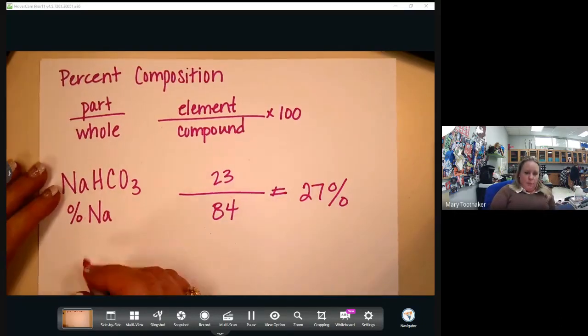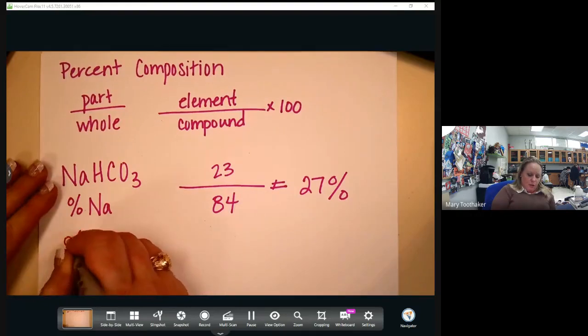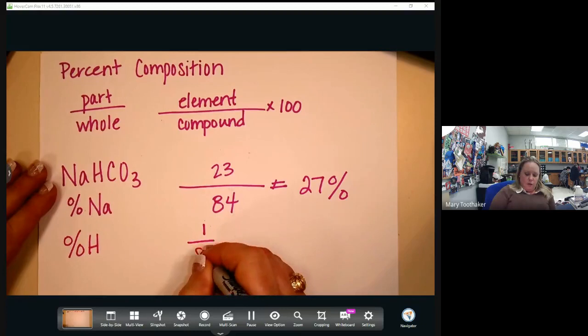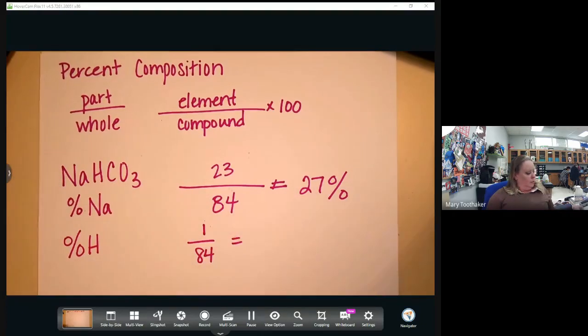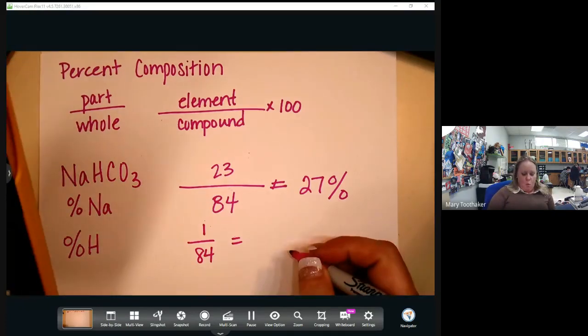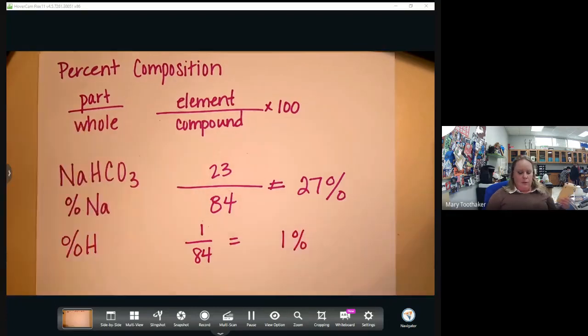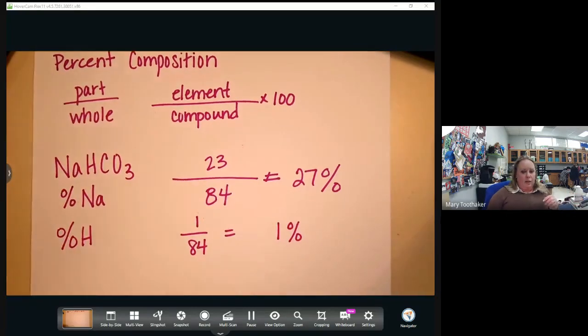If you wanted to find the percent of hydrogen, it would be 1, because that is the mass of hydrogen, over 84. And so that would be 1.2, so we'll just call it 1%, et cetera.